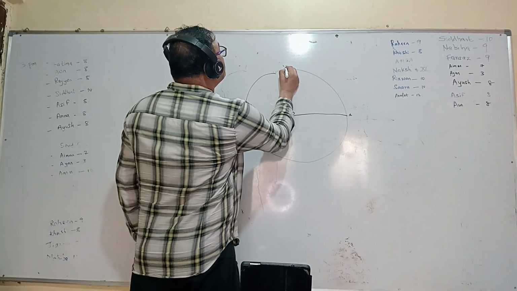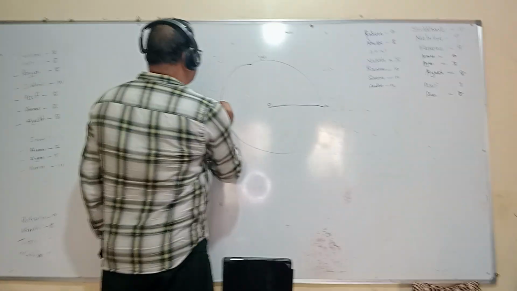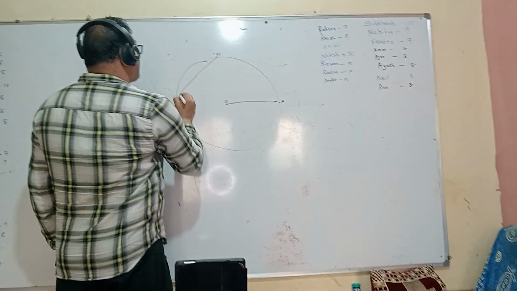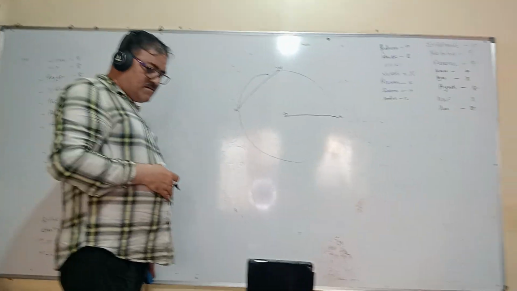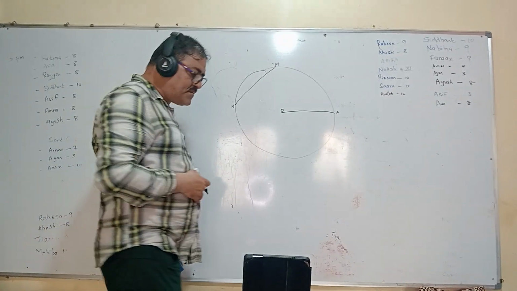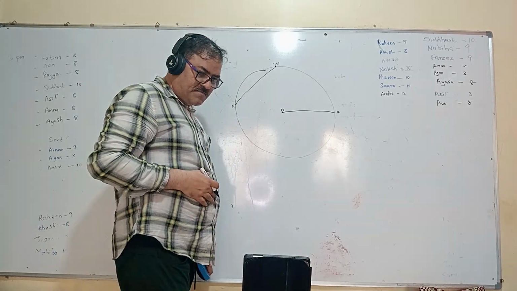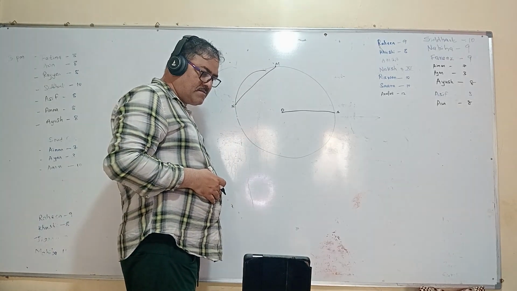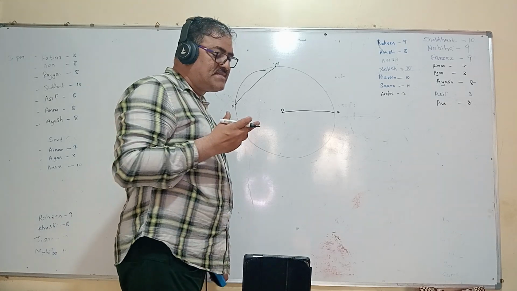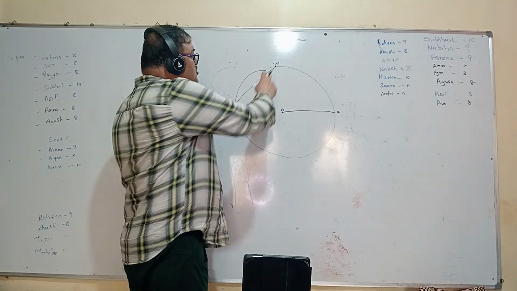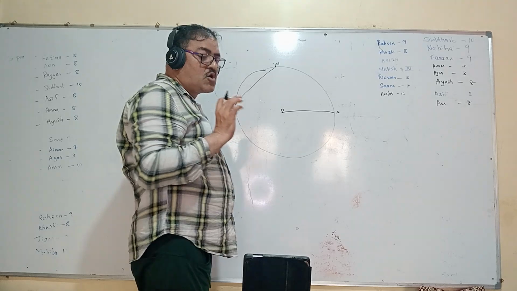Okay, now there is one point over here, M, and one point over here, N. Now I join this point M and N. What is this line MN called? There is a special name for that segment. A line joining any 2 points on the circle is called a chord.